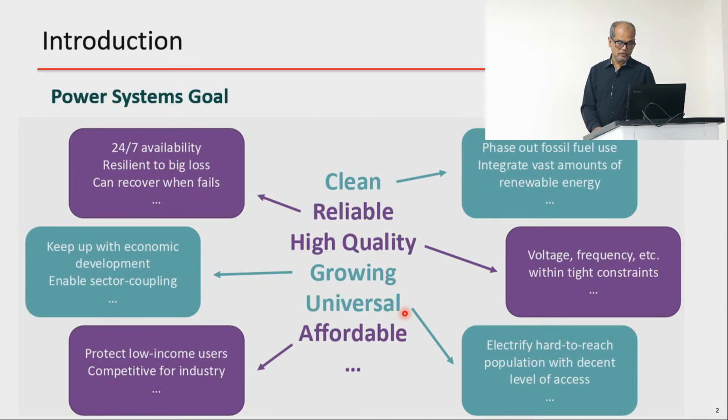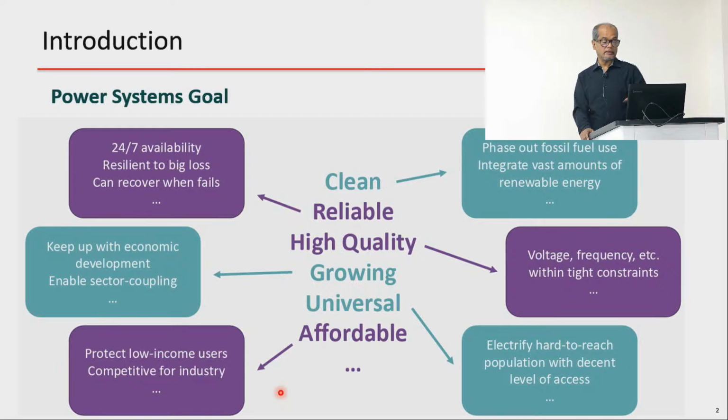And again, it has to be universal. We are not only considering a few countries. We have to make sure that people from all around the world have access to electricity. And most importantly, it has to be affordable. That is even more important for people in developing countries where they have economic constraints.